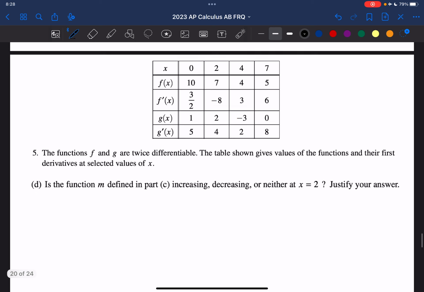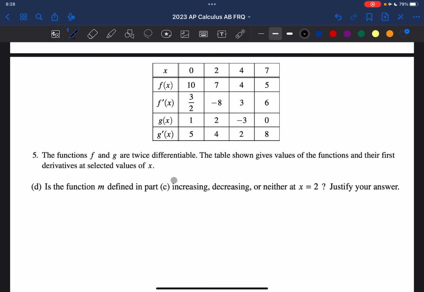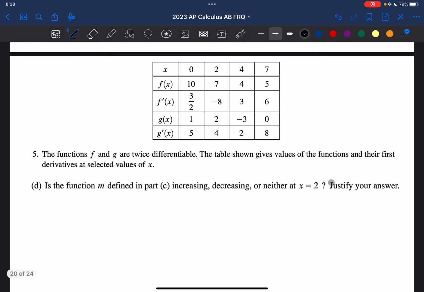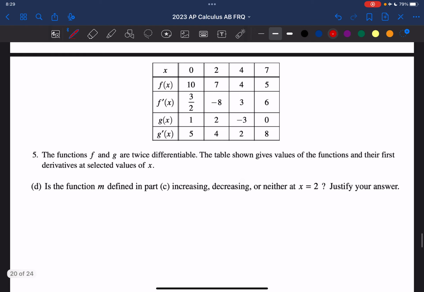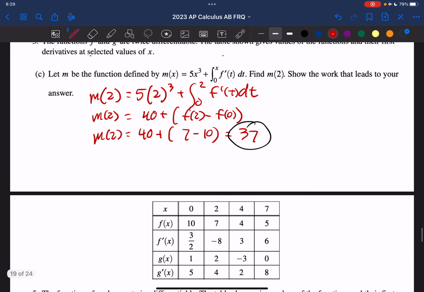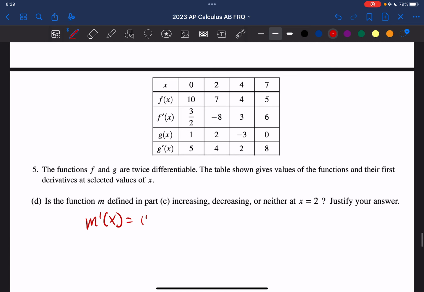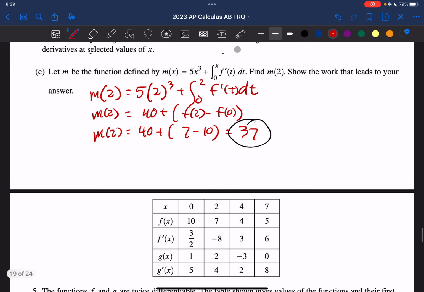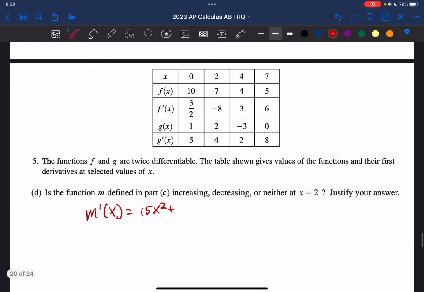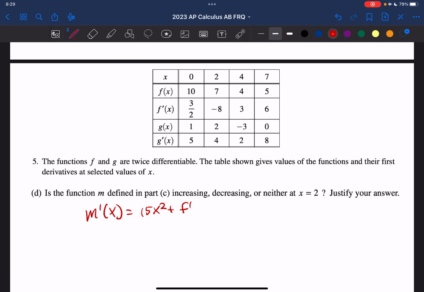And then part D, is this function increasing, decreasing, or neither at x equals 2? Well, if a function is increasing or decreasing, we can tell that by finding the derivative. So the derivative of 5x cubed is going to be 15x squared. And the derivative of this integral, according to the second fundamental theorem of calculus, just leaves f prime of x.